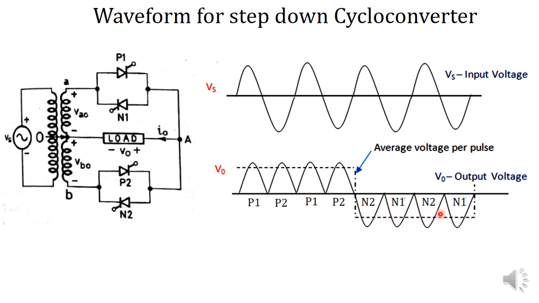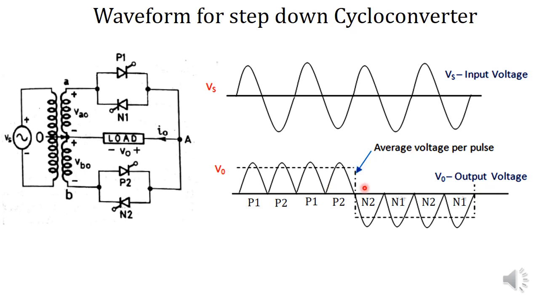Like that, when N2 and N1 are continuously turned on and off, we will get only negative half cycles. So when we take the average output voltage, this dotted line is obtained. This is the average value of the output voltage. So this is the positive half cycle and this is the negative half cycle of the output waveform.